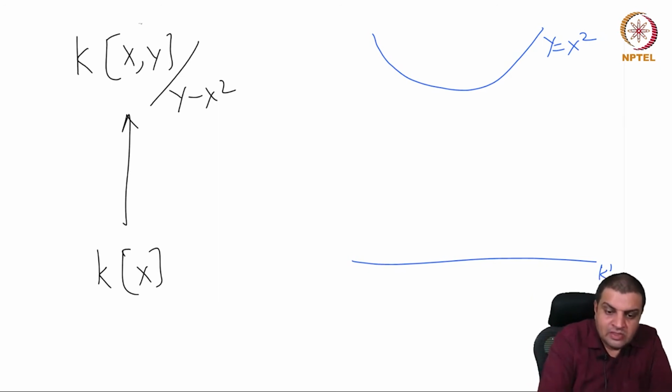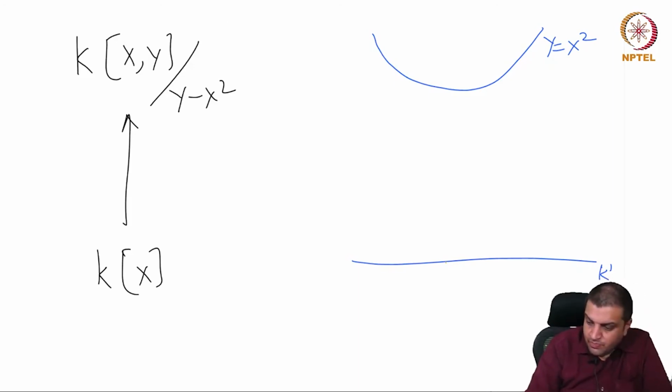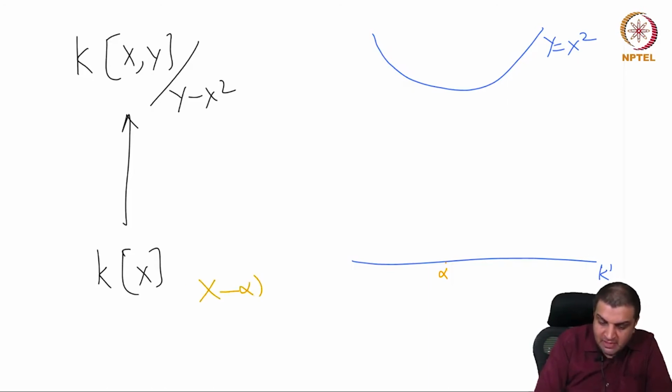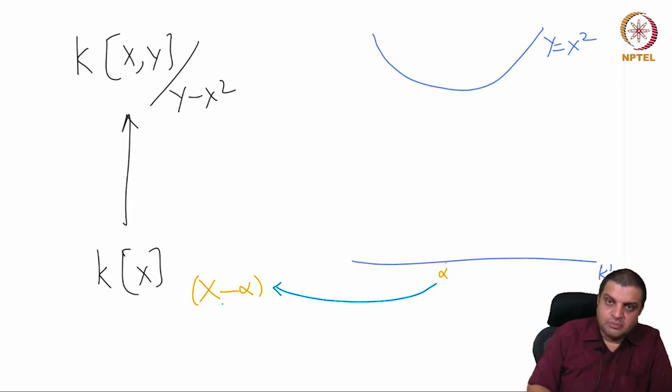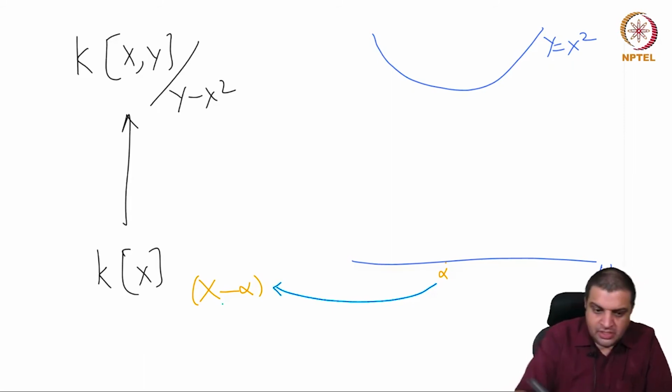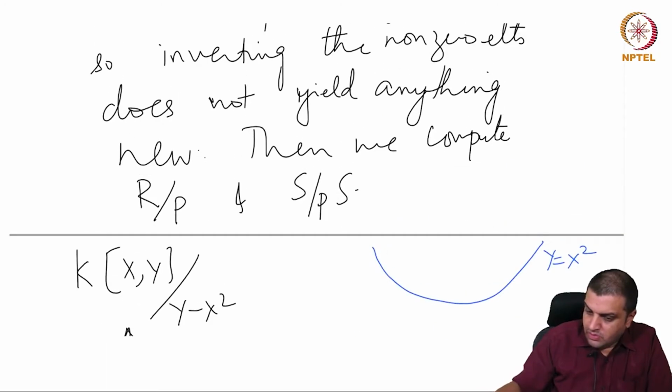Let's take some point here, alpha. That corresponds to the maximal ideal x minus alpha here. So the order in which we are doing is, we start with a point here, then we get this maximal ideal, then we do this computation, R mod P and S mod PS.